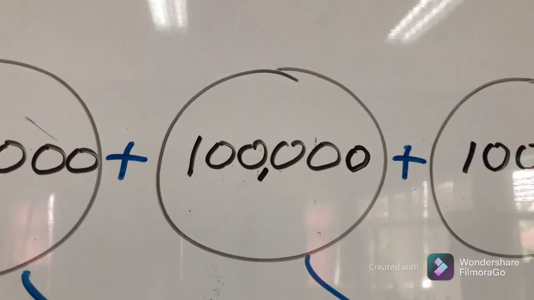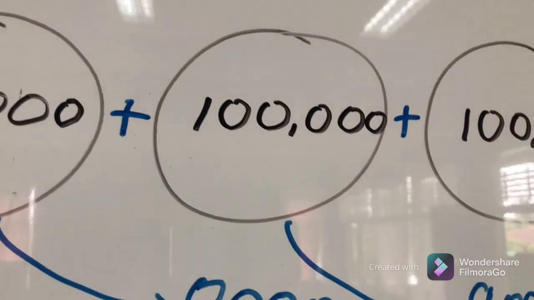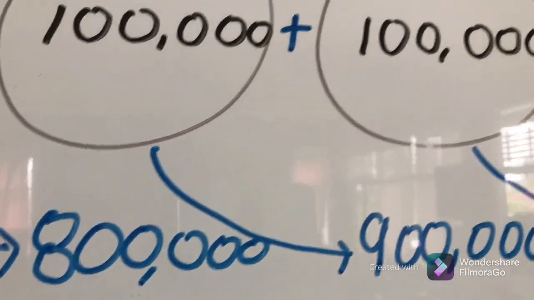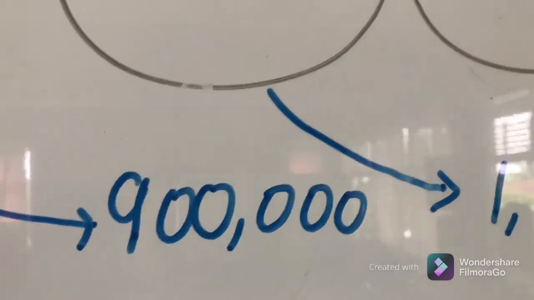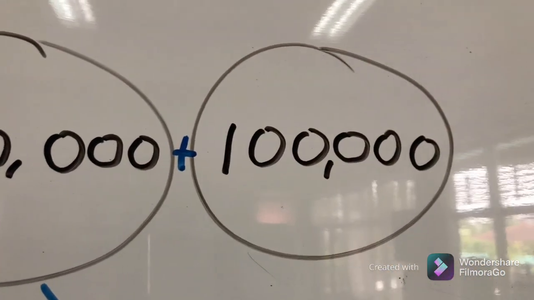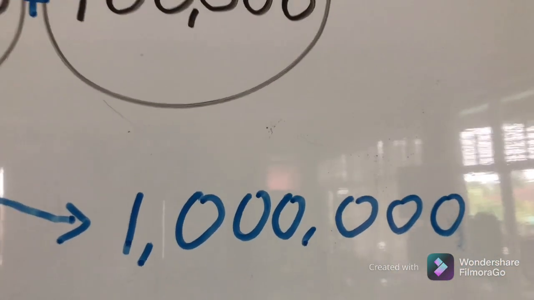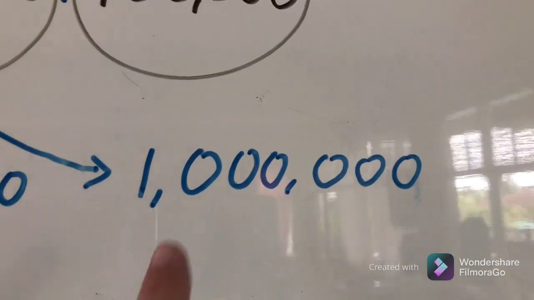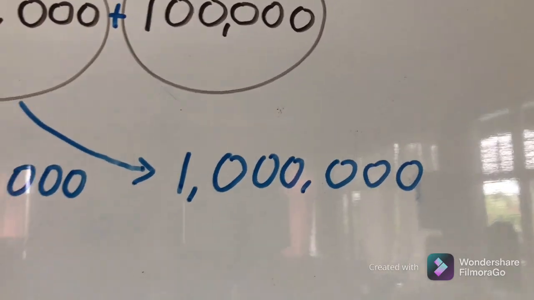Plus 100,000 is 700,000. Plus 100,000 is 800,000. Plus 100,000 is 900,000. Plus one last 100,000 is 1 million. And that's 1 plus 1, 2, 3, 4, 5, 6 zeros.